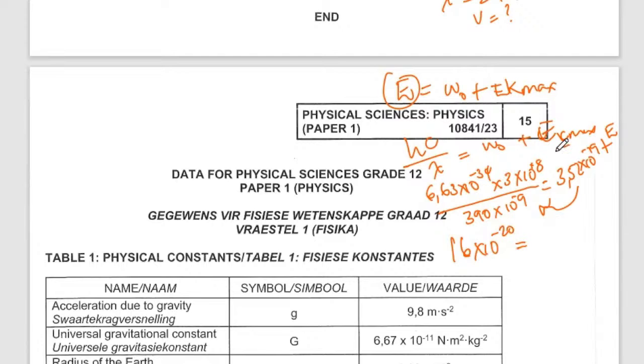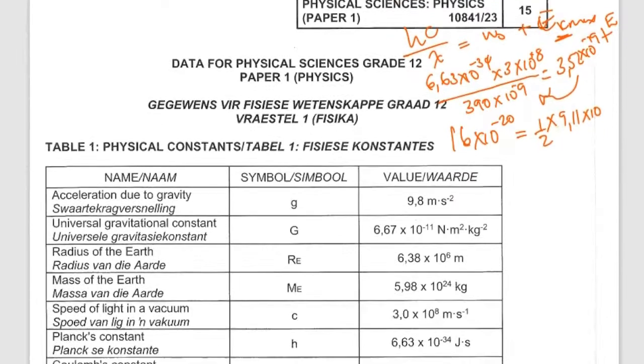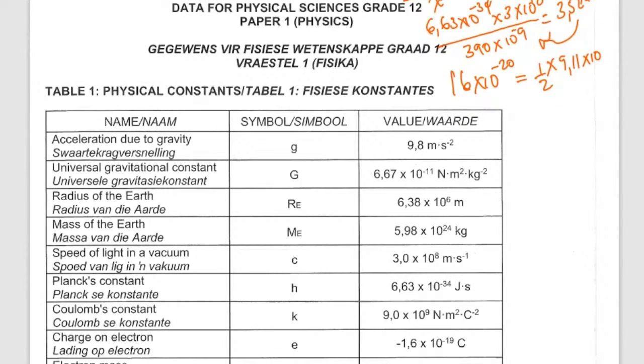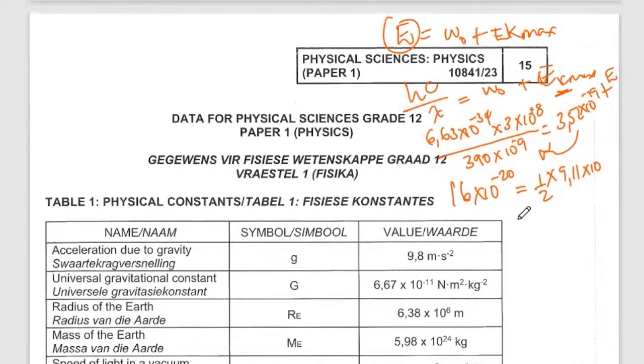Now I know that EK max is a half times the mass of the electron, which is 9.11 times 10 to the negative 31, times v squared.